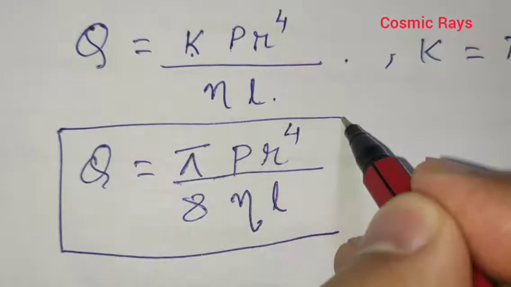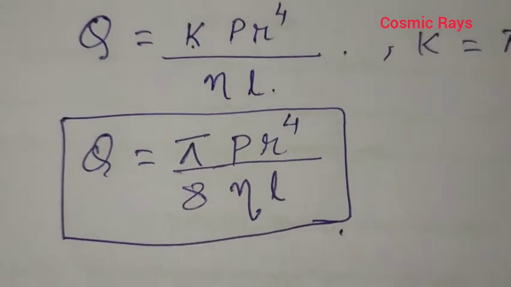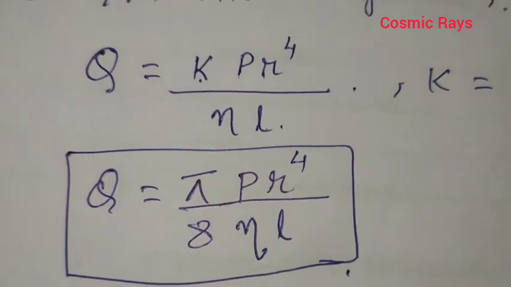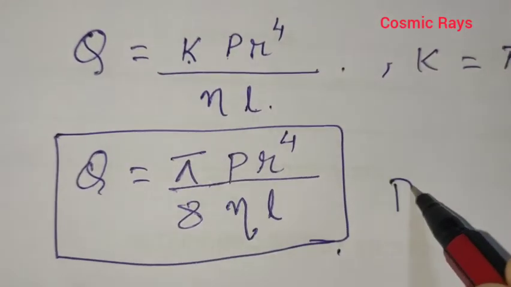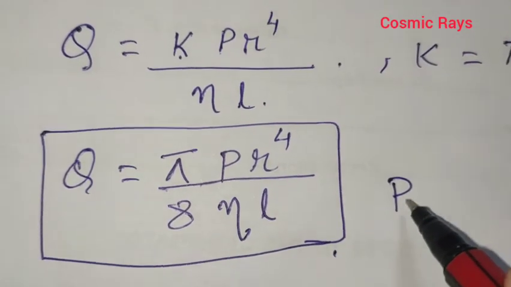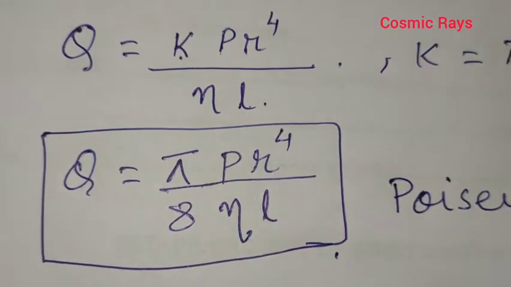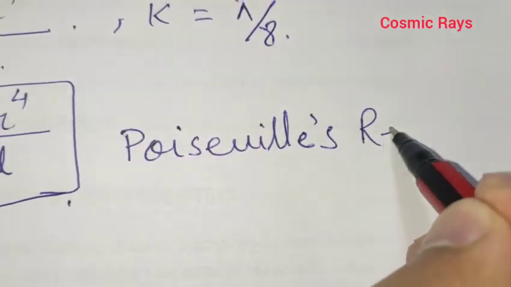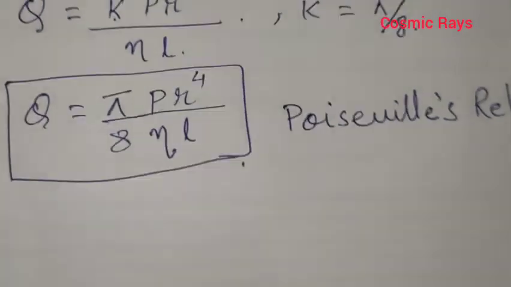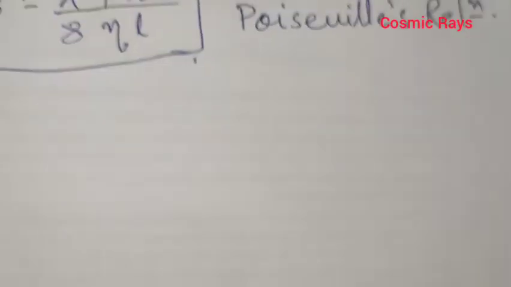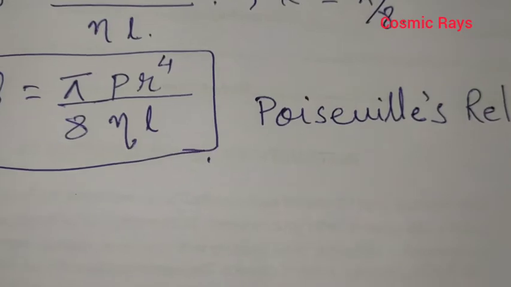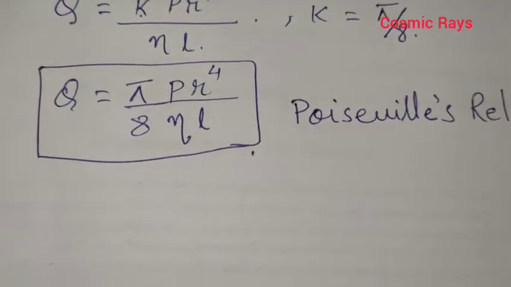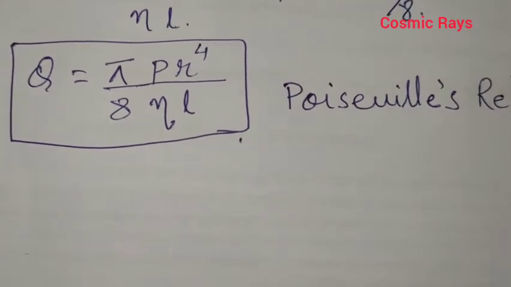Now this relation, which tells us about the rate of discharge of the liquid through the pipe, is known as Poiseuille's relation. This is also a law, and it helps us to find the rate of discharge through the pipe, and to determine the viscosity of a liquid.